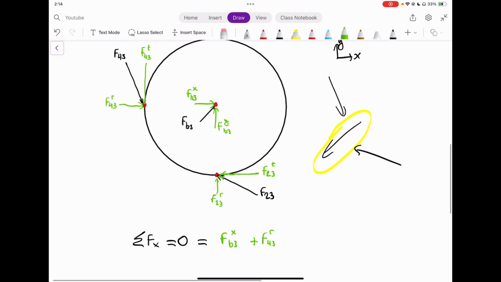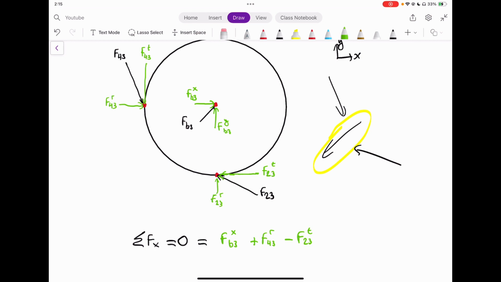Okay, so we have F43r on the left side here. And then we have a negative F23t. Okay, so these would be the three terms that we have in terms of our information there.